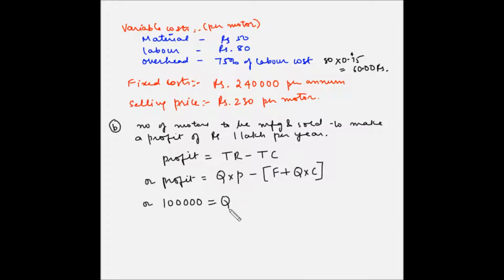Q is what we want to find out. Multiply by P, which is 230, minus F, which is 2.4 lakhs. Q is the variable, multiplied by C, which is 50 plus 80 plus 60, which is 190.